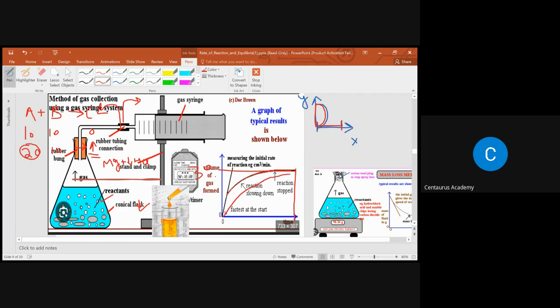Which means that the time taken for the same amount of product will be greater. To achieve the same volume of the gas, greater time will be required if you're using less concentration.